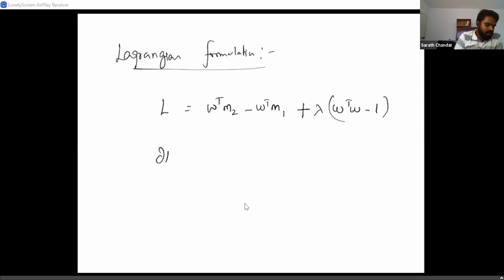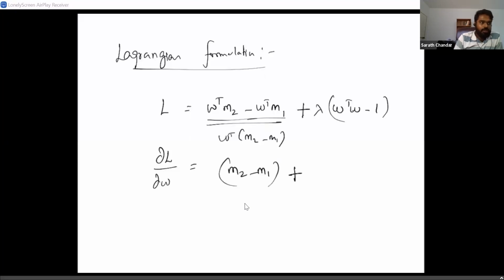So dL by dW is given by, maybe one more step, I could just write this as W transpose of (M2 minus M1). When you differentiate with respect to W, you get M2 minus M1 plus 2 lambda W equal to 0.